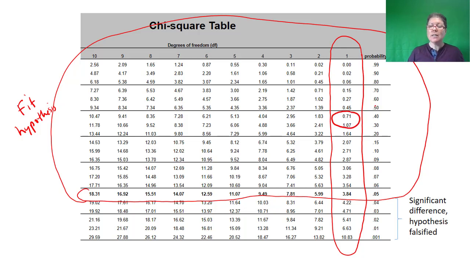That tells us that the quarter is fair. It's because it falls between 0.3 and 0.4. So the quarter is fair. Okay, so we can say to our friend, ha, that difference between what we expected and what we saw was just due to chance.